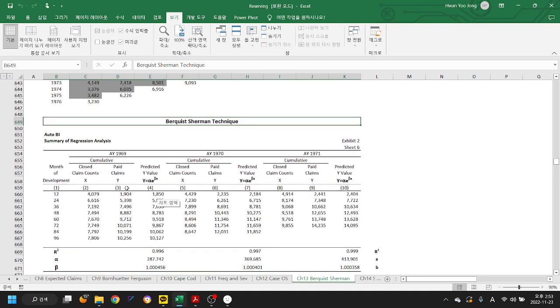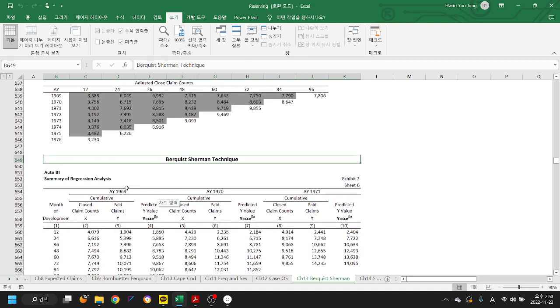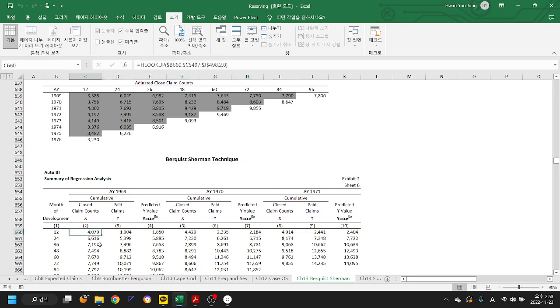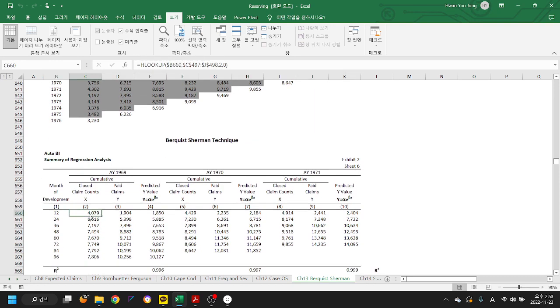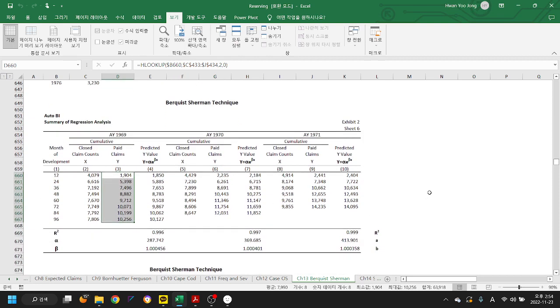So let's say accident year 1969, and you have the unadjusted closed claim count and the paid loss amount. For year 1969, is there any direct relationship between those two? Obviously, intuitively, there exists a direct relationship. We just want to check it, right?